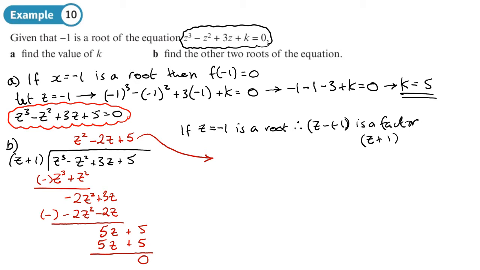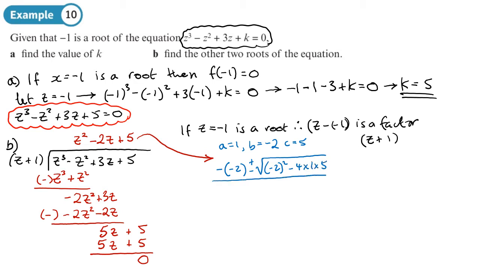So with the quadratic equation, I have a equals 1, b equals negative 2, and c equals 5. So minus b, minus negative 2, plus or minus the square root of b squared, negative 2 squared, minus 4 times a times c, all over 2a.